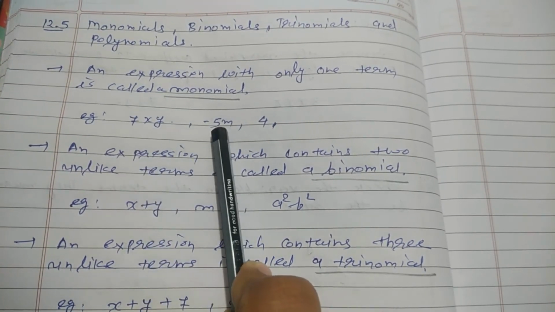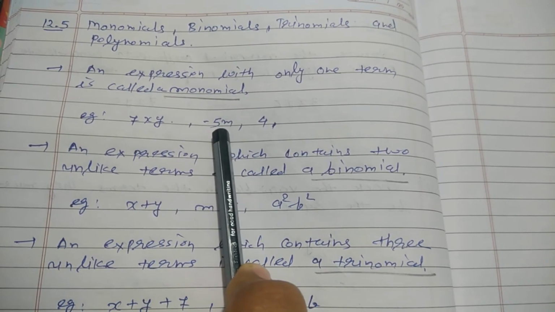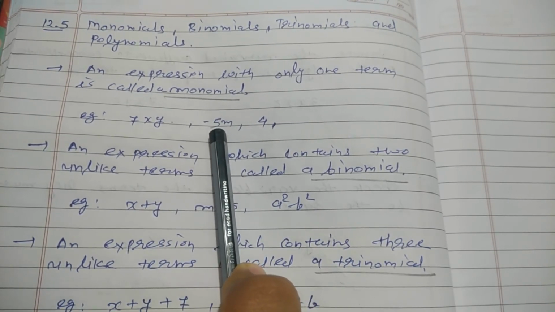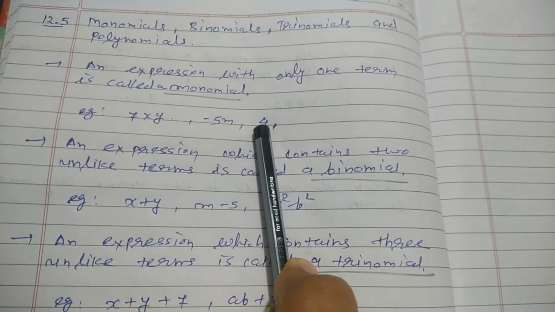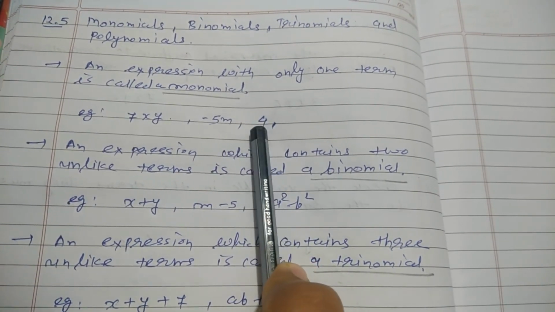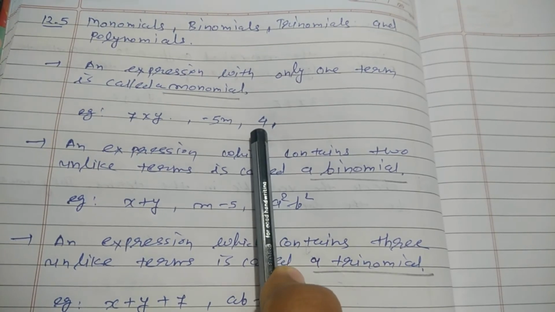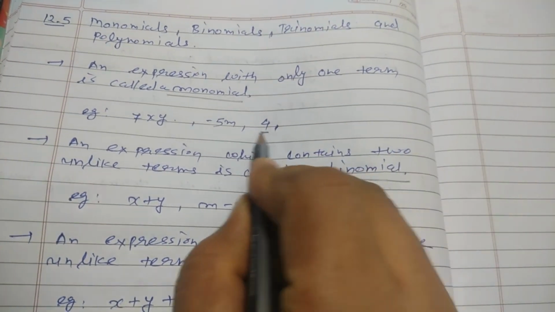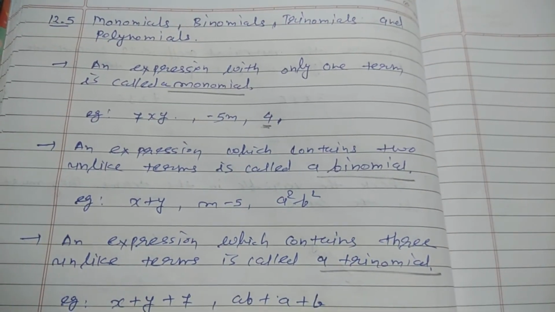Similarly in this another expression, minus 5m, only one term, so it is a monomial. Similarly, an expression having only a constant term, here only 4 is there and only one term is there, so this 4 is also called a monomial.